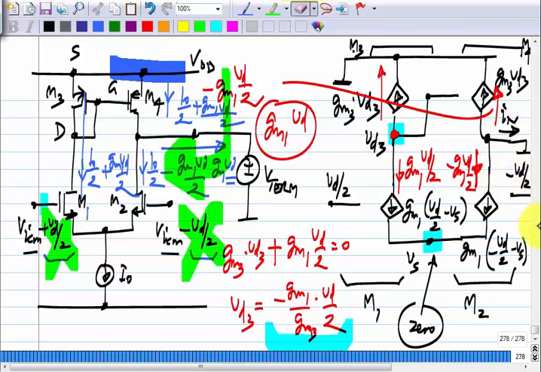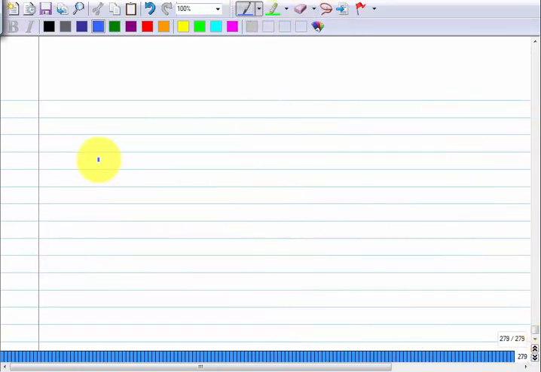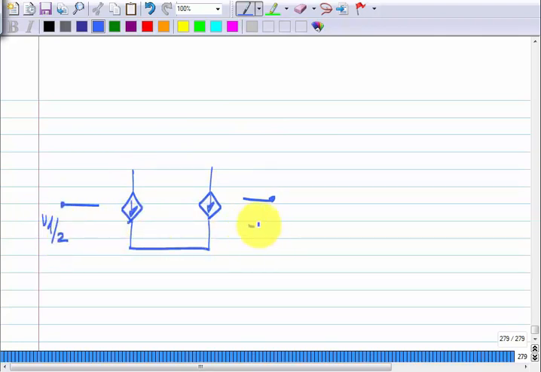If you set Vd to be 0, right, what happens to this? What will be this voltage? 0.